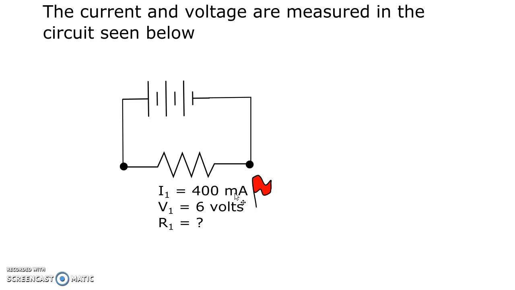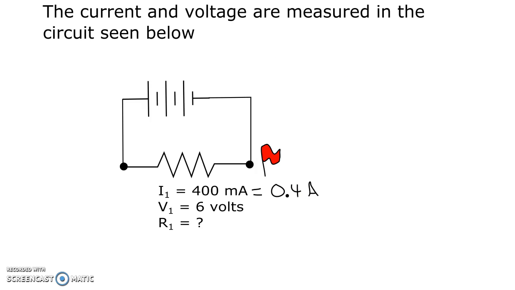I don't want to have the milli hanging around. If there was a kilo or a mega or any of those other prefixes, I don't want them hanging around. So to change this, I need to do a conversion. I'm not going to take time right now to show you the conversion, but when I convert into amps, I'm going to end up with 0.4 amps.